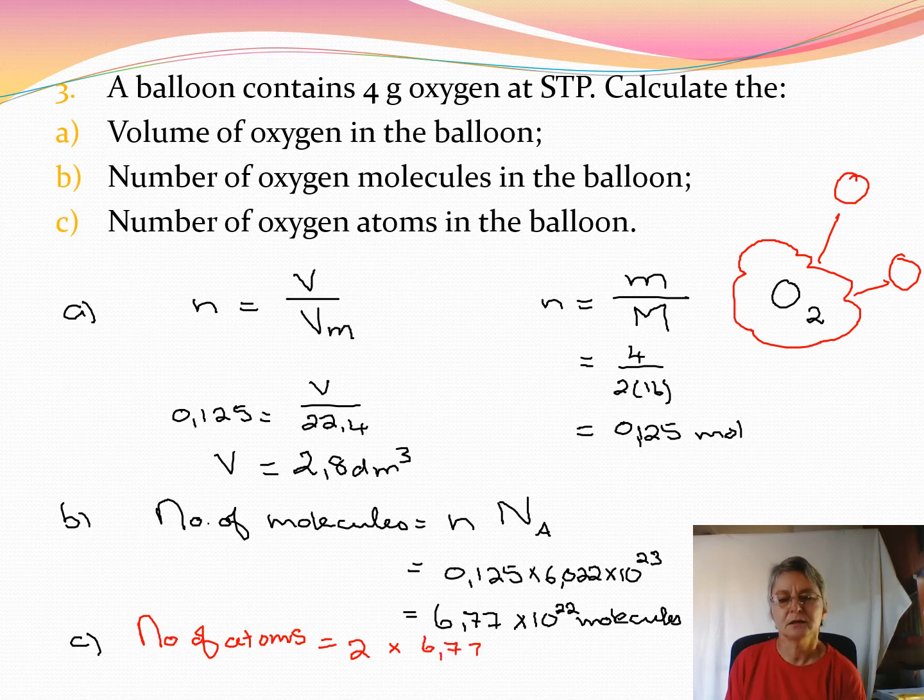Now I kept my answer on the calculator, so my answer here will be different from yours. I didn't round it off, so times this by 2 is 1.355 times 10 to the power 23 atoms.